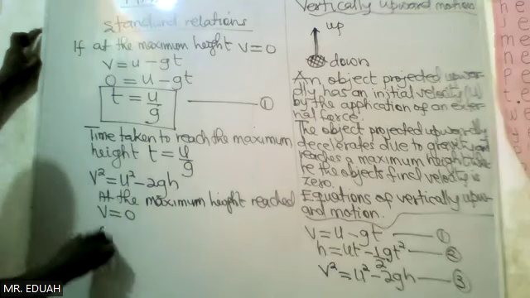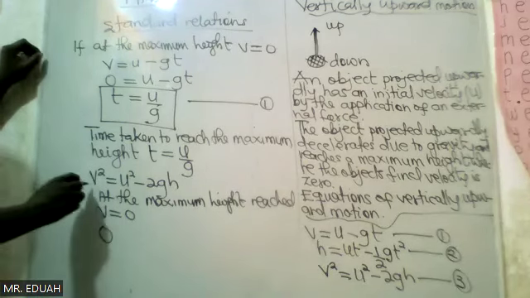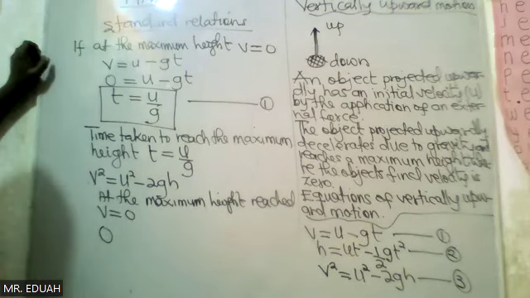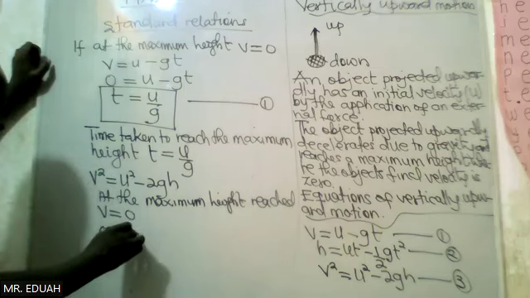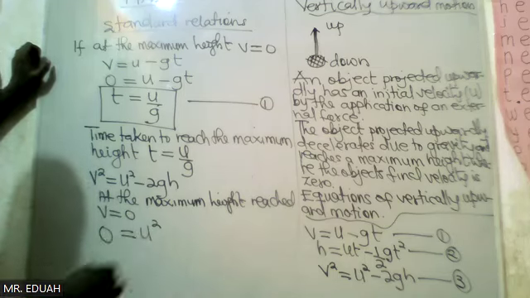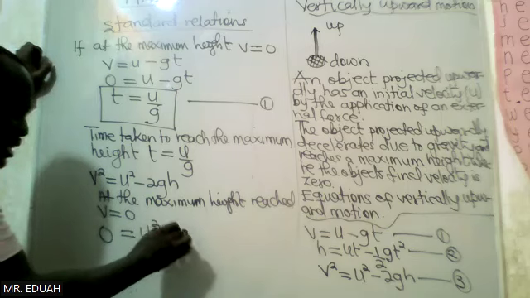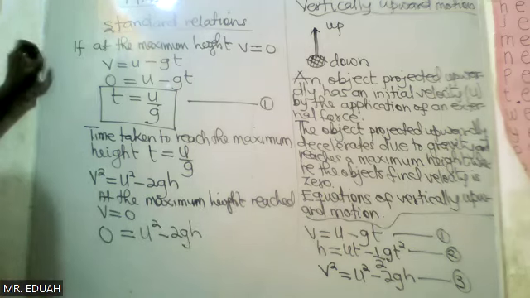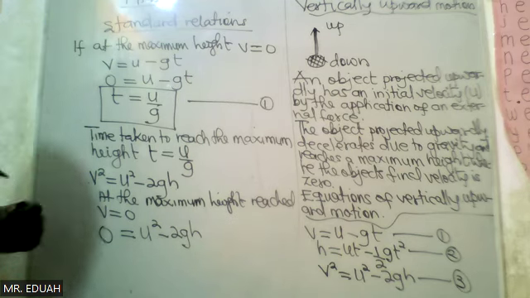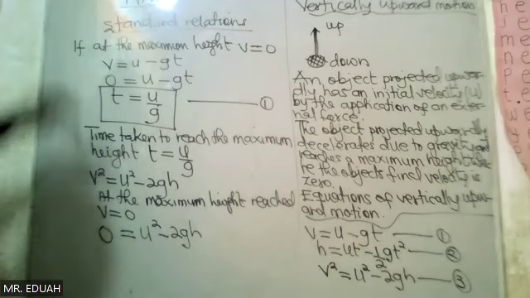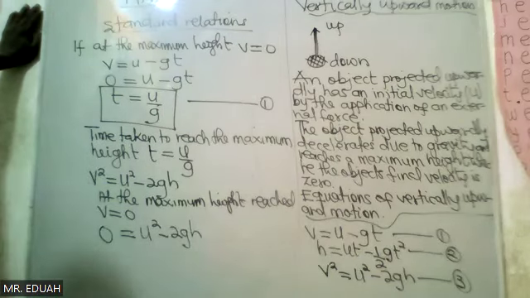If I put 0 in place of v, squaring it is not necessary, and I equate this to u squared minus 2gh. Help me make h the subject here.